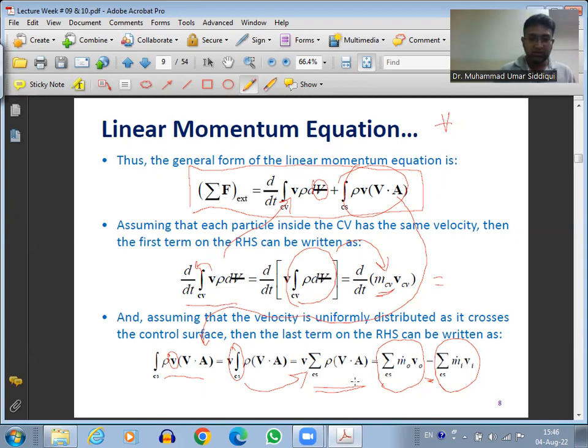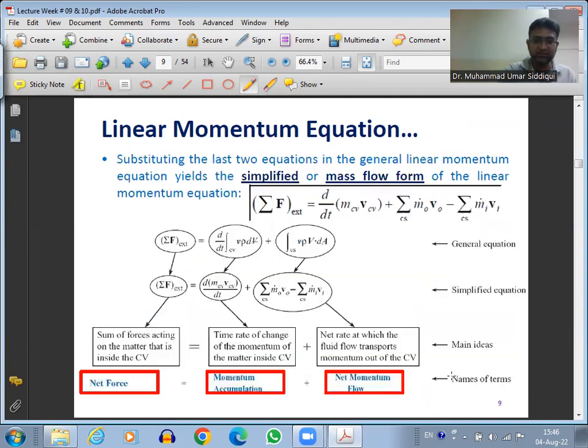Okay. So we are going to have this last term, we can write it like this. Now after modifying the right-hand side terms, our final equation becomes like this. This is our final equation, and this is the main equation which we will be using throughout our calculations.